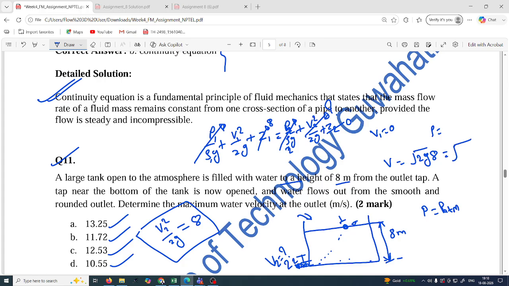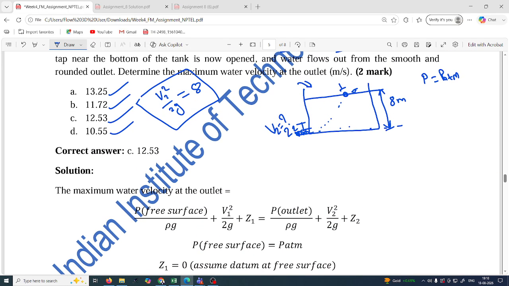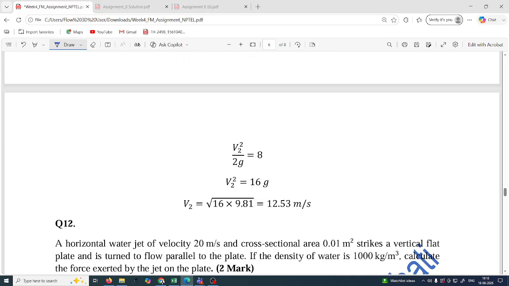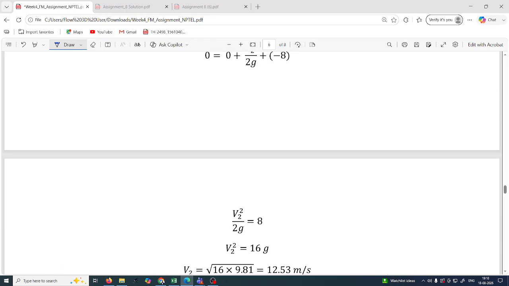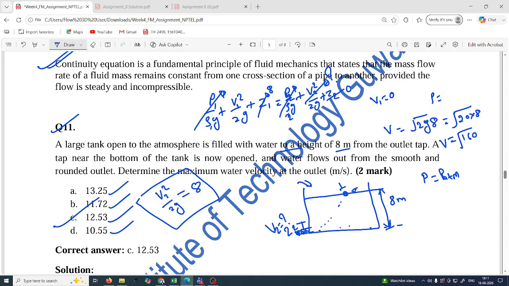If I take g equal to 10, this is 20 into 8, which is 160, so V is root of 160. Let me check, option C should be correct. Yes, 12.53 will be the correct answer.